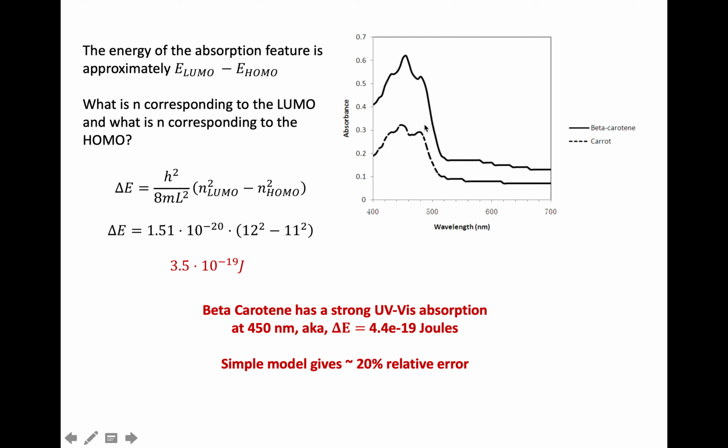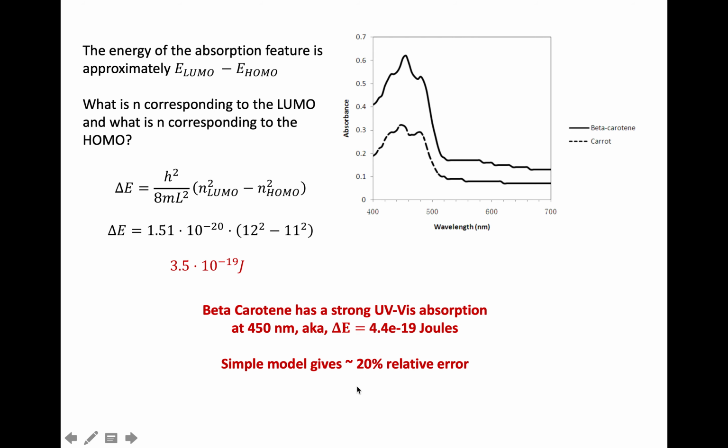And if we actually measure the UV-vis of beta carotene, okay, what we end up getting is that the absorption feature hits at about 450 nanometers, that means that the absorption energy is about 4.4 times 10 to the negative 19 joules. Okay, so that's actually reasonably close to the particle in a box estimate.